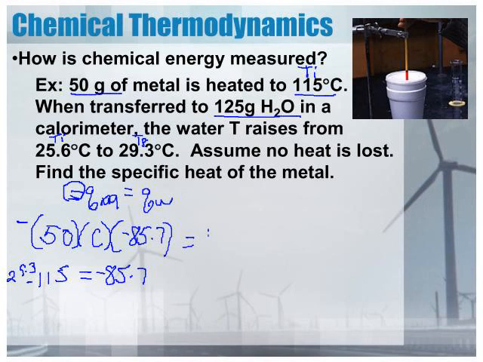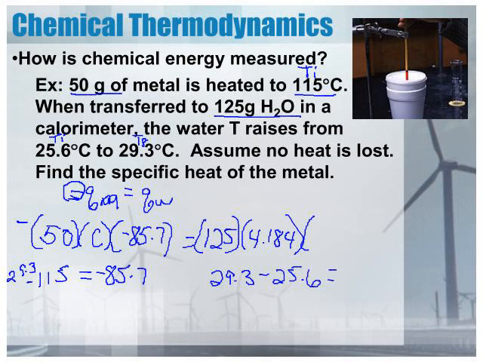On the other side is the water, so we know that we have 125 grams of water. The specific heat of water is 4.184. And that's an always, that's a constant, learn it. And our temperature in the water starts out at 25.6 and ends up at 29.3, which was 2.8.